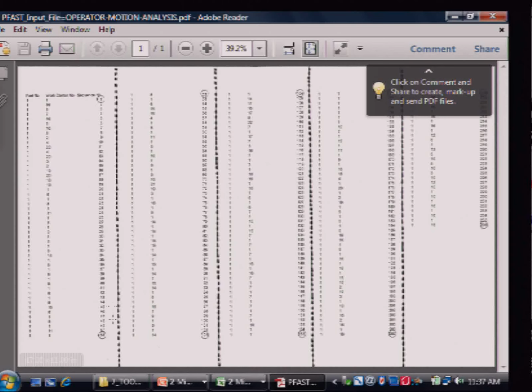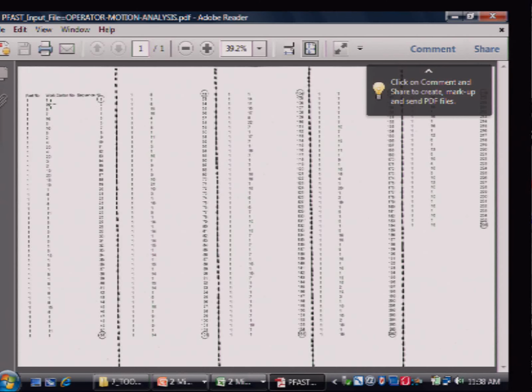So steps 1 through 51, then steps 52 through 103, then steps 104 through this. Essentially think about this as being the first 51 steps, and with each step the location in the workspace is being recorded. So step 1 was done at location 1 in the workspace, step 2 was done at location 16.